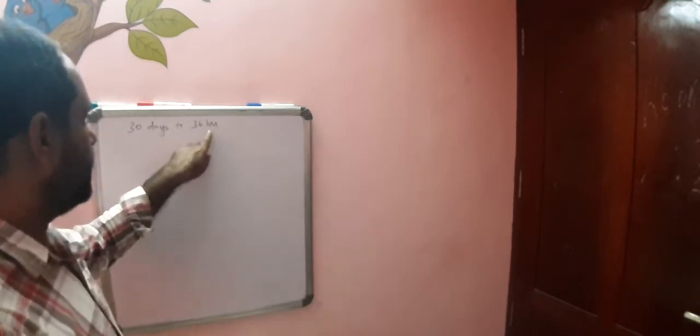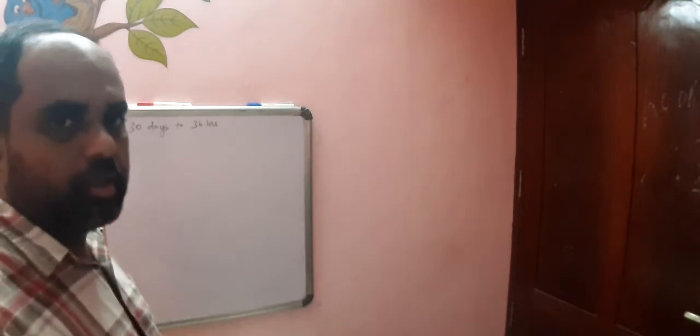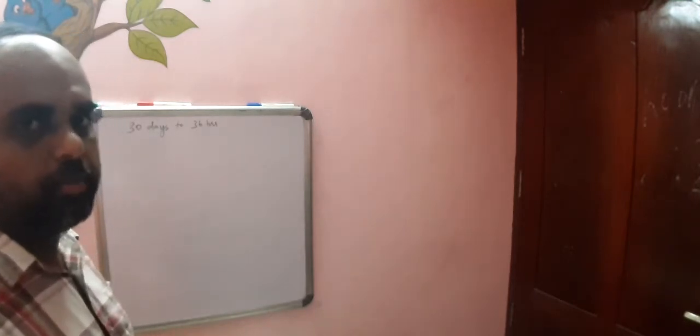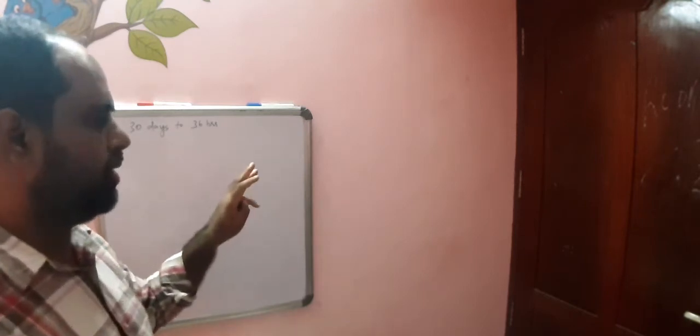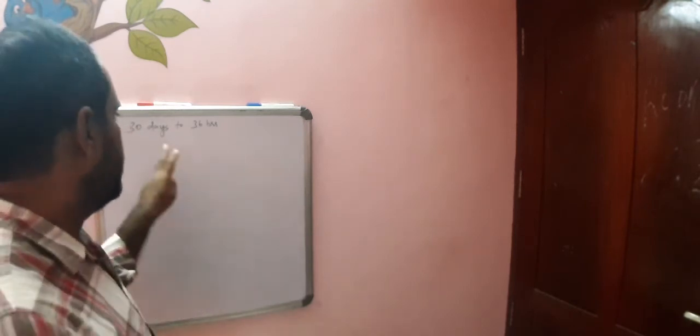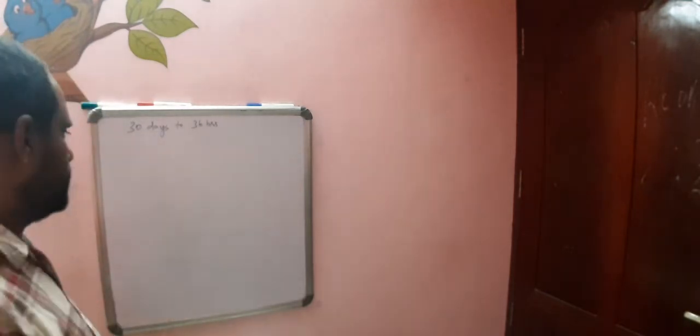In this question, one unit is in days and the other is in hours. Like I told earlier, in the previous examples we worked, we made the same unit for both quantities, rupees to paise and kilogram to gram. Here it is days and hours. So how can we do this?